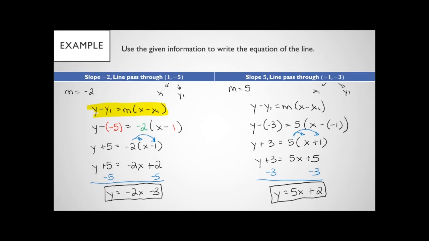It has a slope of 5 and it goes through -1, -3. Are there any questions? Okay.